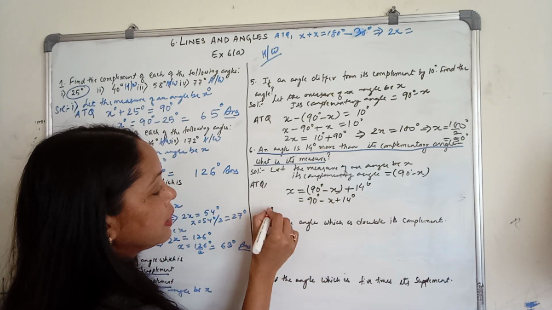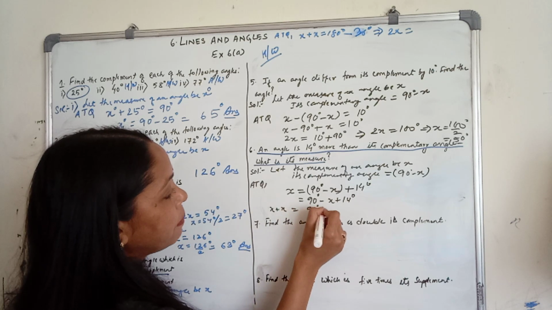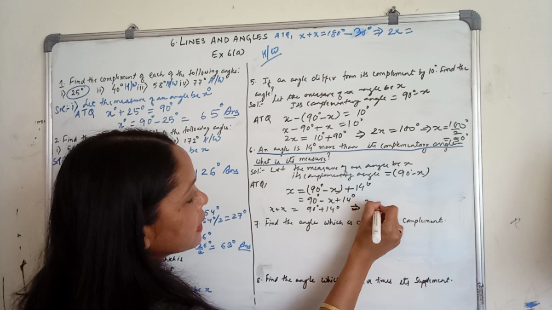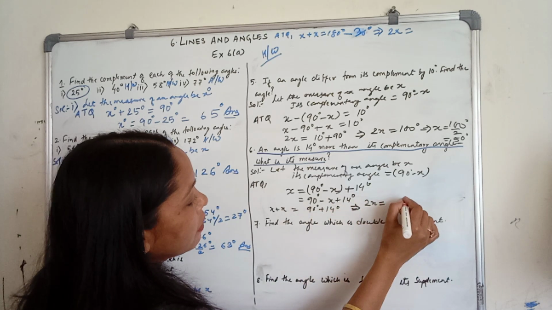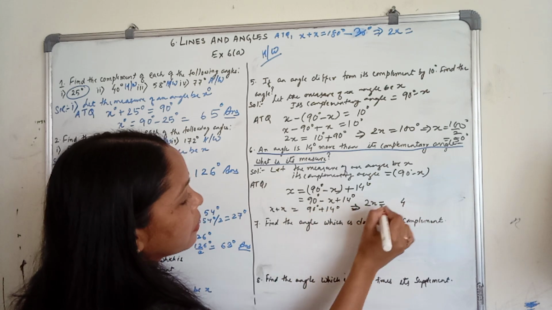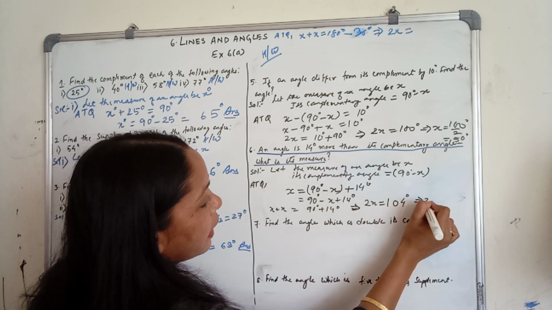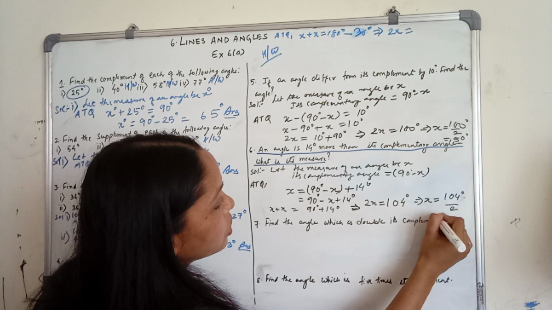Bring this x here. So x plus x equal to 90 degrees plus 14 degrees. This one will be twice x is equal to 90 plus 14, which will be 104. So x is equal to 104 degrees divided by 2.